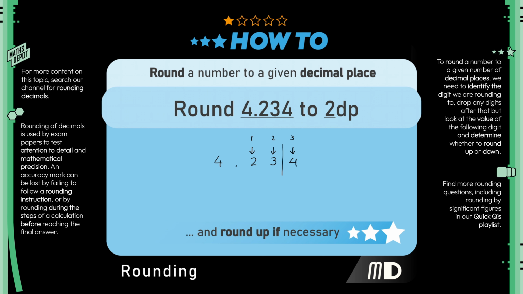If the third digit is 5 or above, we need to round the second digit up by 1. And if it's below 5, the second digit stays the same. In this case, the third digit is a 4, which is below 5, so the second digit stays the same, giving us the rounded decimal 4.23.